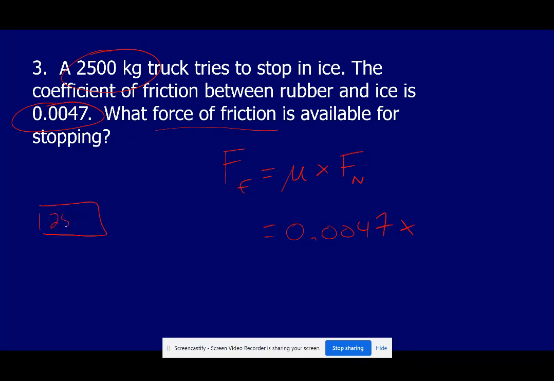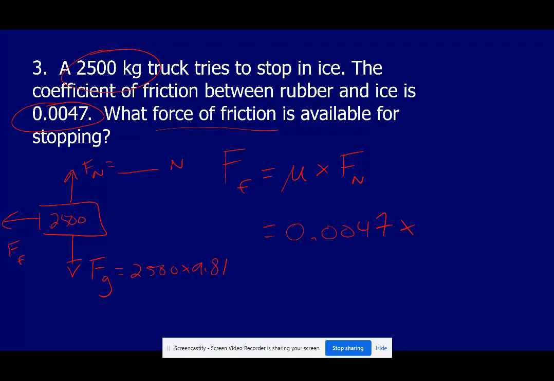We're going to have to figure that out. We've got 2,500 kilograms, gravity down, normal force up, and friction backwards. Not that I need most of these things, I just need to figure out what the normal force is so I can finish this problem. It's going to be equal to the force of gravity, which is 2,500 times 9.81.